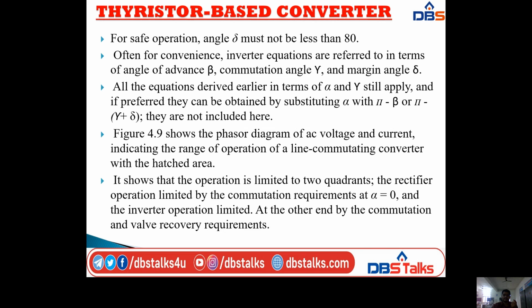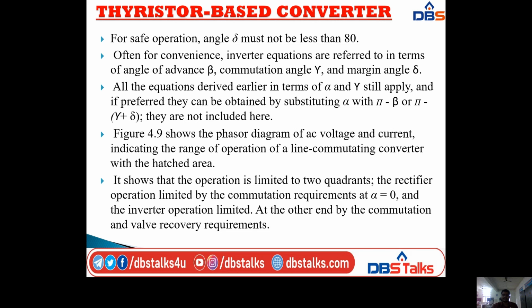Next, for safe operation, angle delta must not be less than 180 degrees. Often for convenience, inverter equations are referred to in terms of angle of advance beta, commutation angle gamma, and margin angle delta.